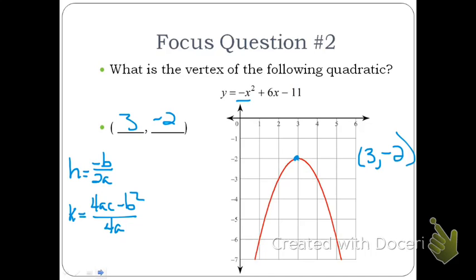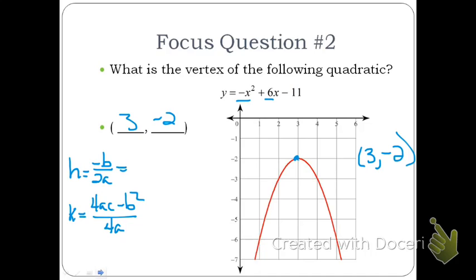So our H value, or the X value of the vertex, is that axis of symmetry equation, the opposite of B all over 2A. And our K value is 4AC minus B squared, all over 4A. So our B value is the 6 here.